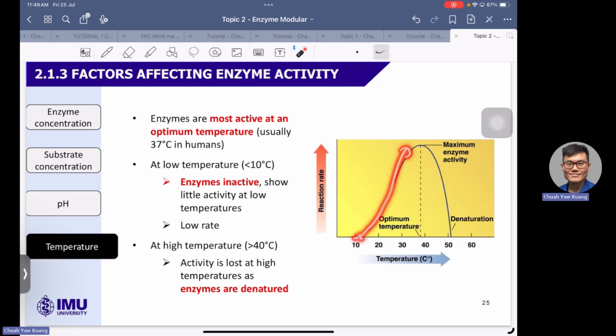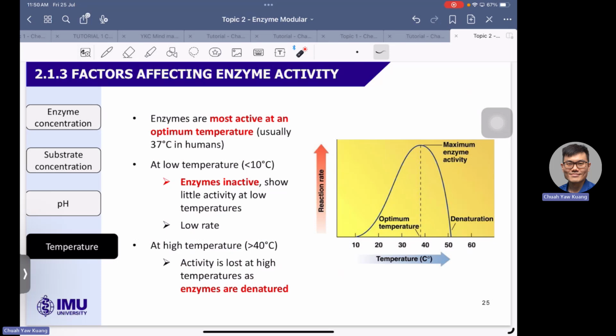At the temperature before the optimum temperature, further increase in the temperature will increase the rate of reaction. Why? Because when you increase the temperature, you increase the kinetic energy of the substrate and the enzyme, which means they will move faster.